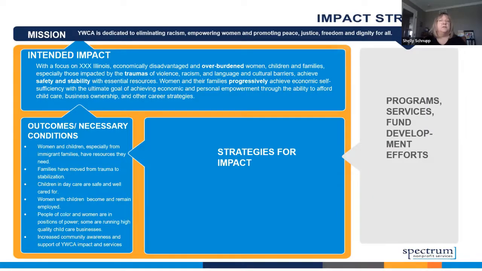So there's certainly some flexibility here in how outcomes and necessary conditions toward achieving impact are defined. Kind of look at it as the bridge between programs and services and strategies for impact and the intended impact.